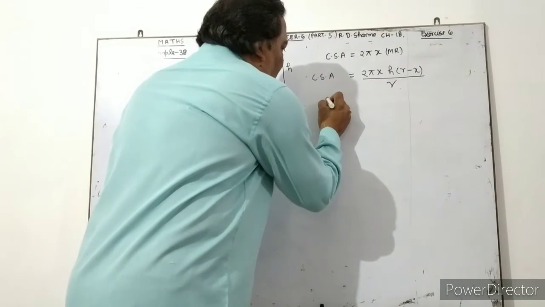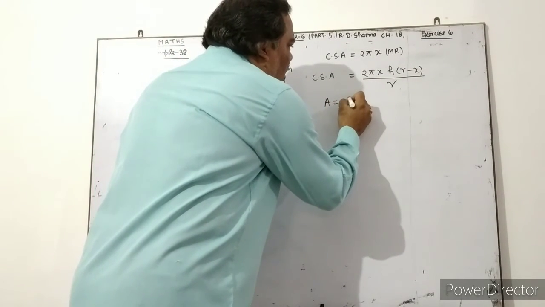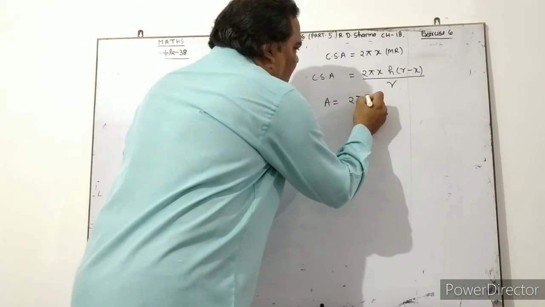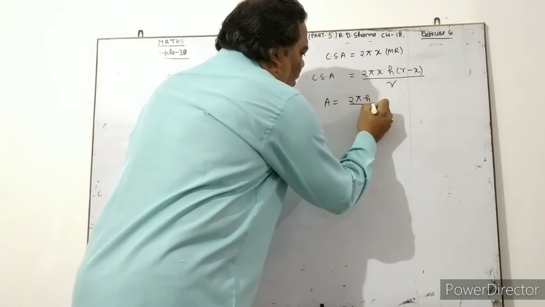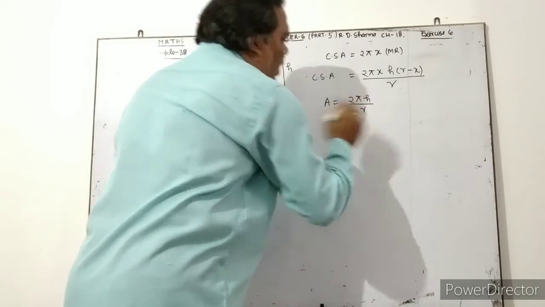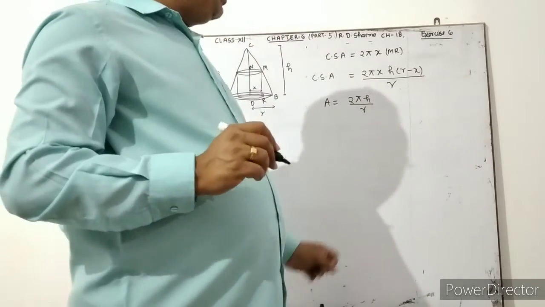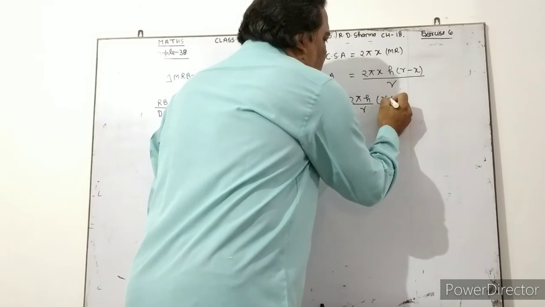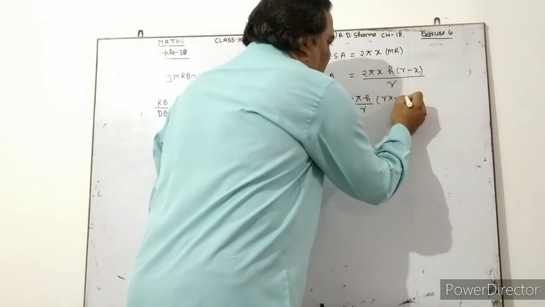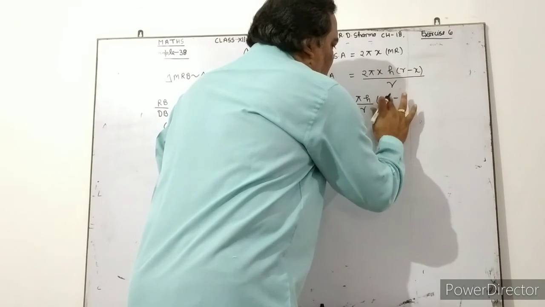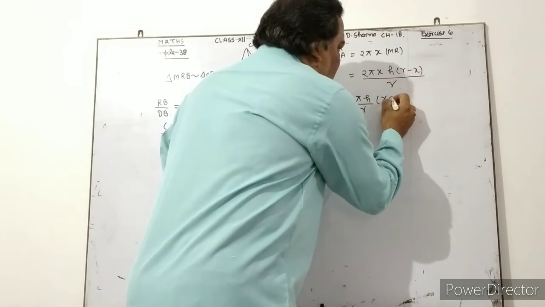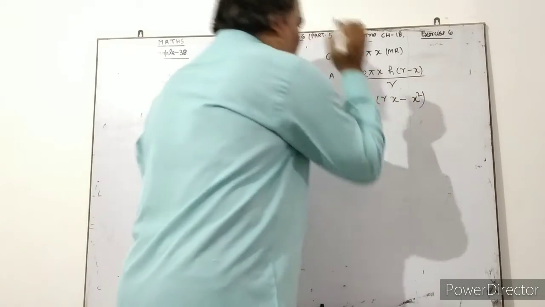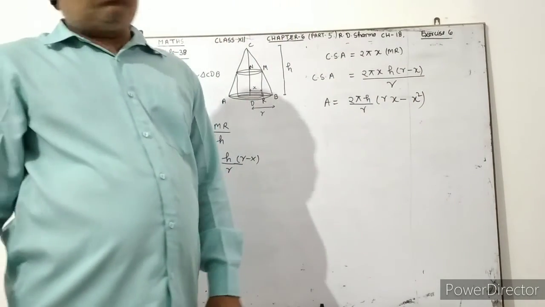Now the area is 2 pi h upon r, which is the constant, into (rx minus x square). Rx minus x square.